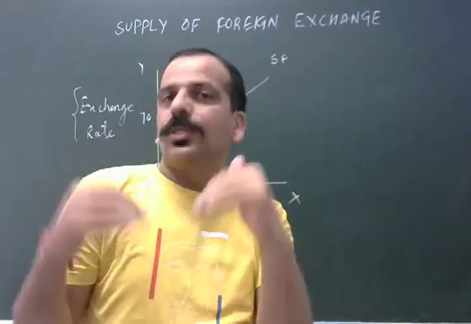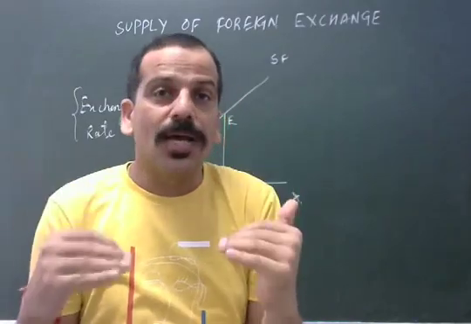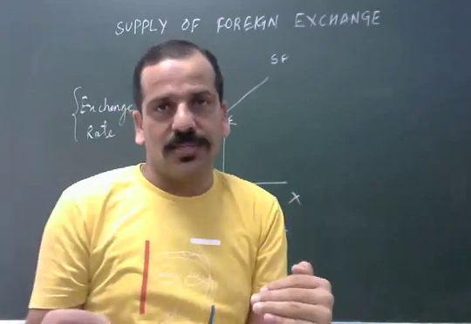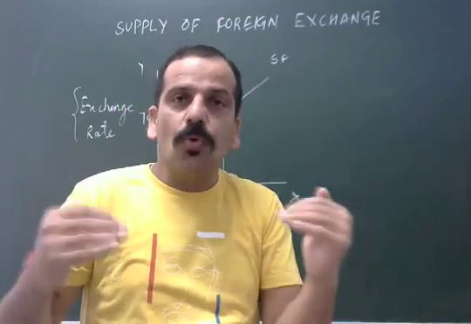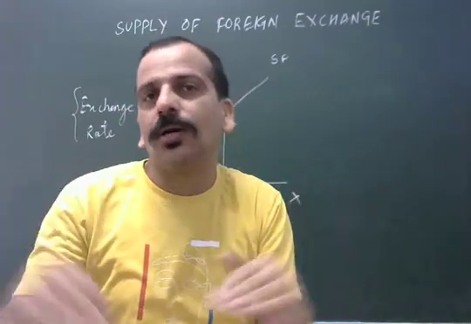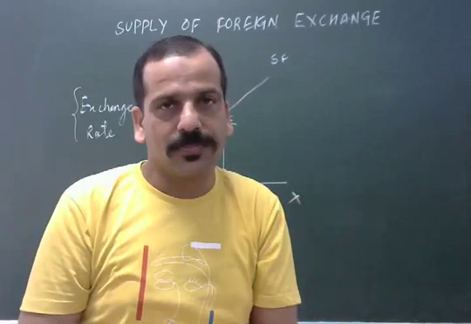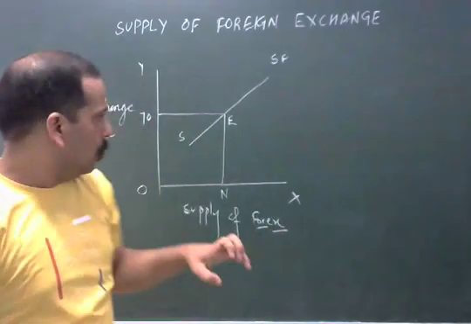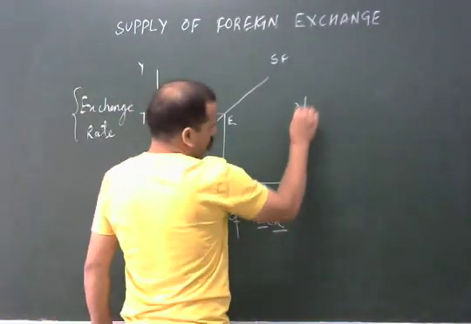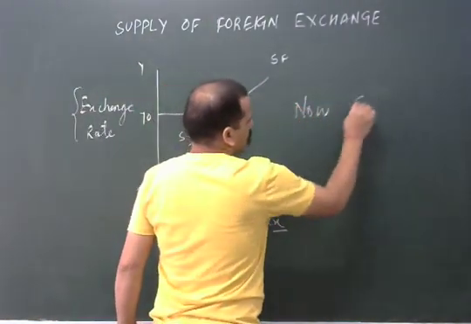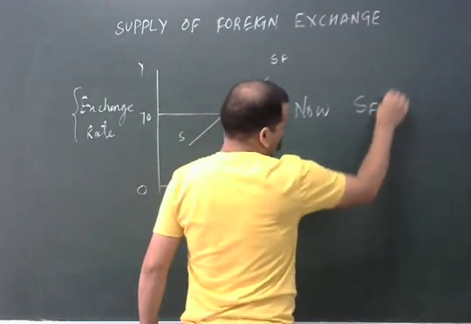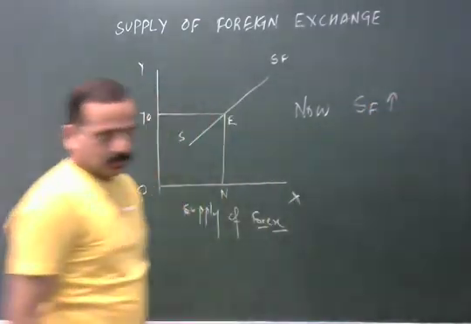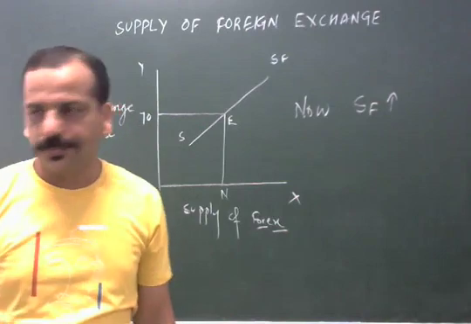Now there is an increase in the supply of foreign exchange. There is more and more supply of dollars in the Indian market. Understood? Supply of foreign exchange increases in the Indian market.